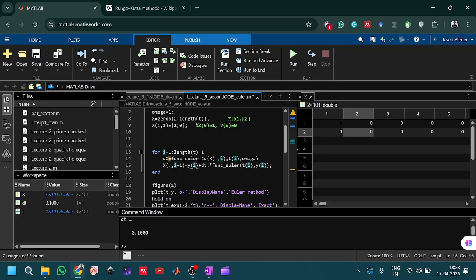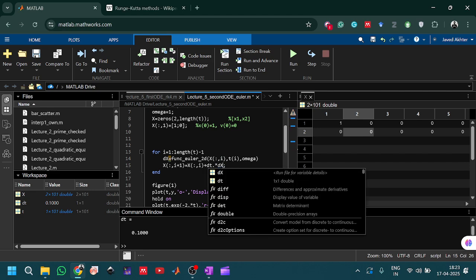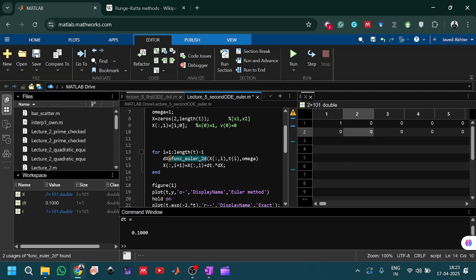So here we will have x, all the rows, and the ith column, plus dt into this function. So here you can just simply write dx. We are evaluating dx from the function, and we are putting it here. So we are getting this x i plus 1.